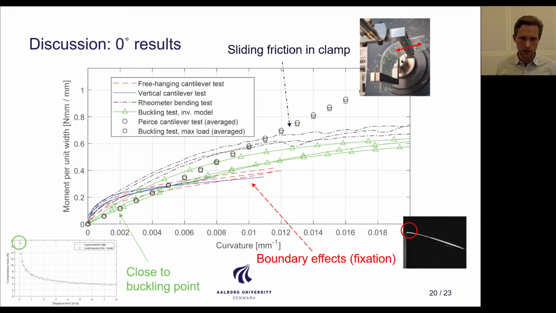So this maximum load here will be sensitive to imperfections in the fabric. So a conclusion based on this discussion could be to consider tests with different regions of fidelity when you characterize your fabric, so that you can cover the entire range of fidelities.